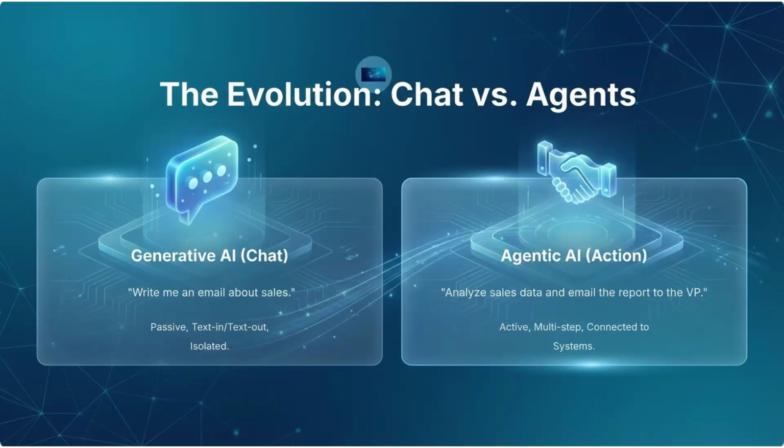We just ask a bot to write an email about sales. But an agent can analyze the data, generate a report, and send it to the respective people and important groups. It can take multiple steps, not only one step. That is how the evolution is happening now.